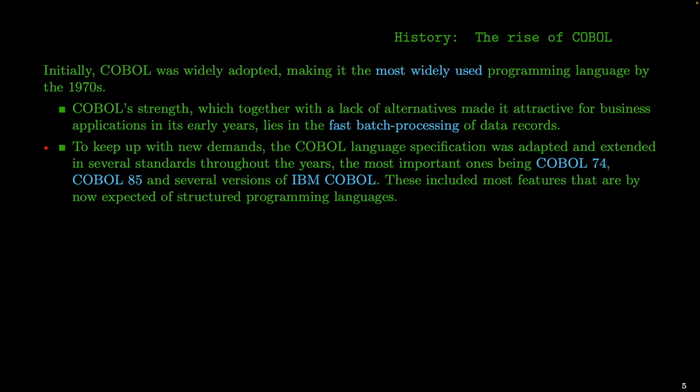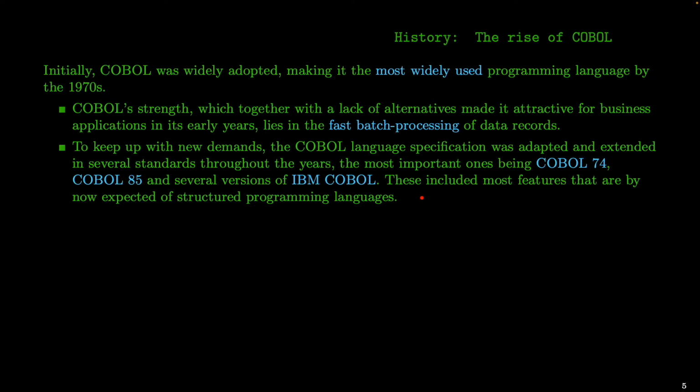Now, as I hinted at before, the COBOL language had to be adapted and extended because the original COBOL was so limited. So over time, several new standards were devised, and the most important ones of these were from the years 74 and 85, especially COBOL 85 from 1985. And then IBM had its own language standards throughout the years.